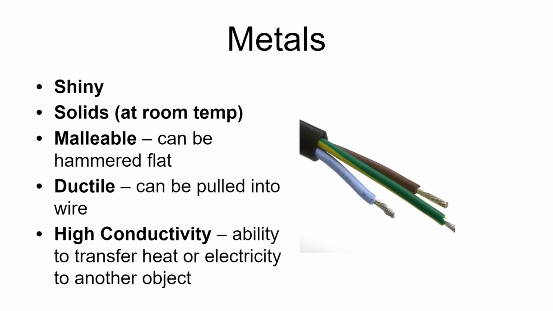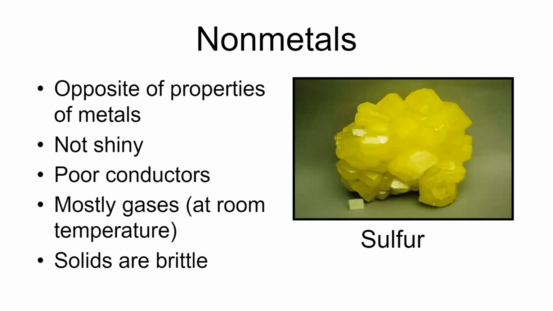So on the flip side of this, the type of element that has almost all the opposite properties as metals are, you might expect, nonmetals. So nonmetals are not shiny, right? They tend to be very dull, almost like bricks or rocks, that's kind of what we mean by dull. They're not really shiny, they're not glistening in the sun. They are very poor conductors.